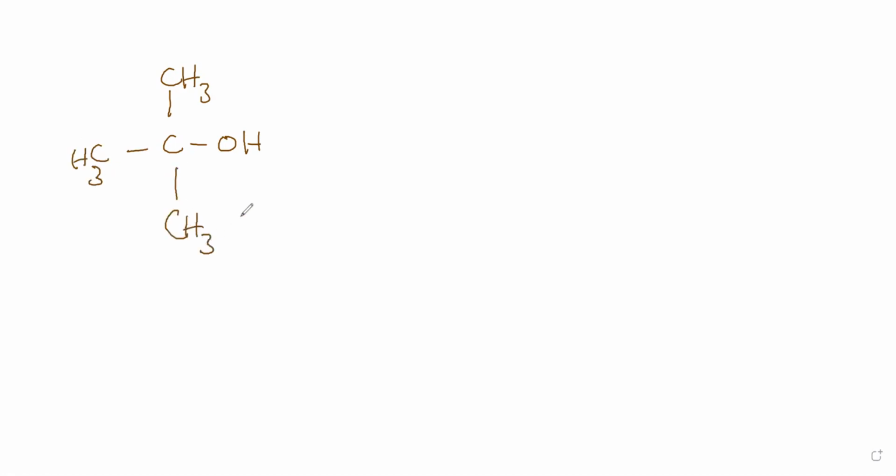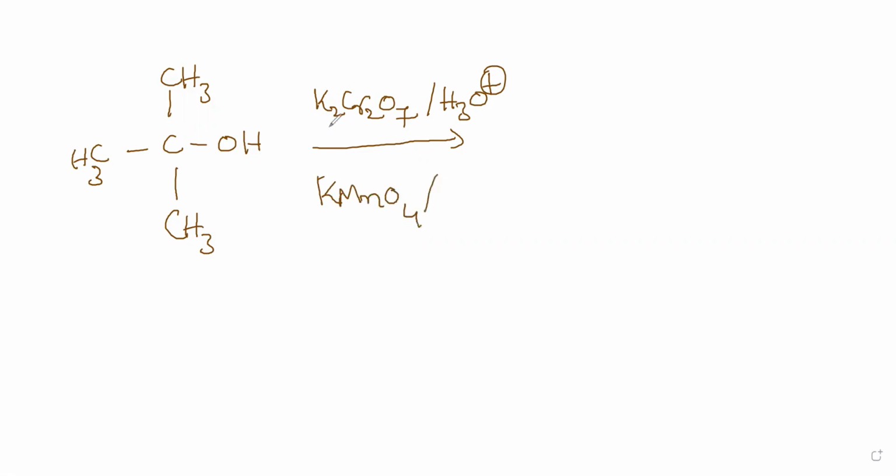The oxidation will be done by using powerful oxidizing agents like K2Cr2O7 in the presence of an acid, or KMnO4. This is called acidified KMnO4 or acidified K2Cr2O7. Any one of these reagents.